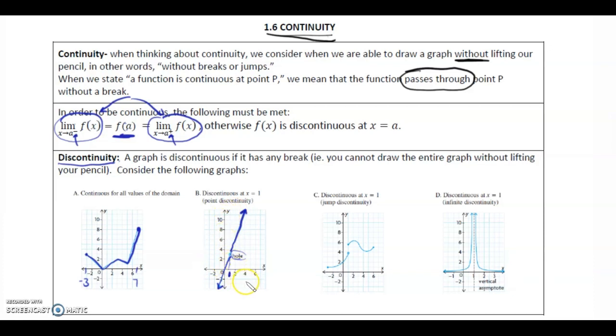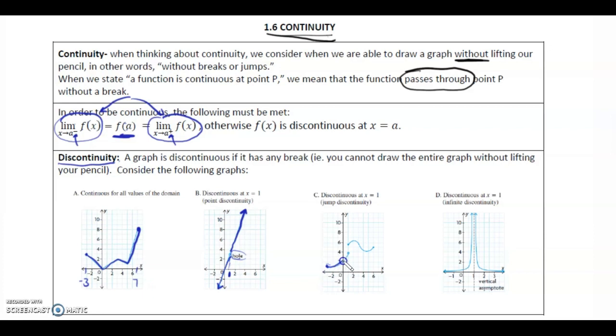Okay, and we're always looking at the y's, not the x's. Okay, there's also something called jump discontinuity. So, for example, and remember, we read graphs from left to right, and that's why I'm starting on the left-hand side with all of these graphs. So the very most left point is here.